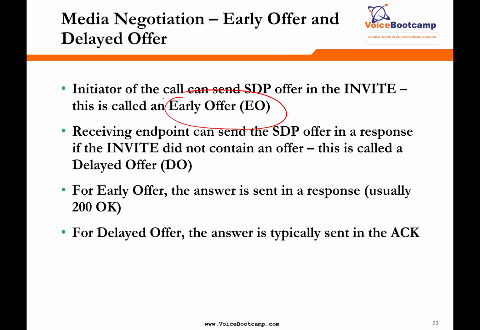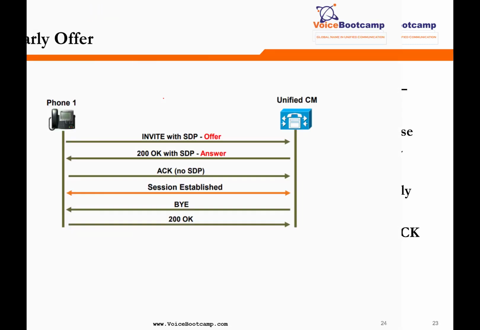And when you did not receive the SDP from me, you're going to send back your SDP, or your capability, toward me. So in this scenario, I have to make a decision and negotiate with your offer. In an early offer, the answer is sent in a response, usually 200 OK. And in a delayed offer, the answer is typically sent in the acknowledgement.